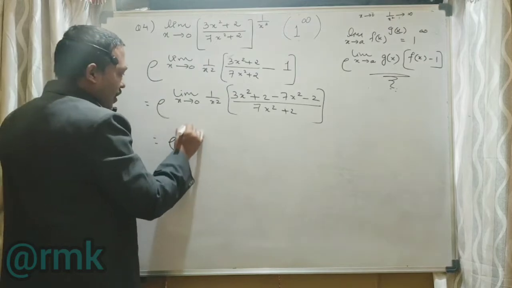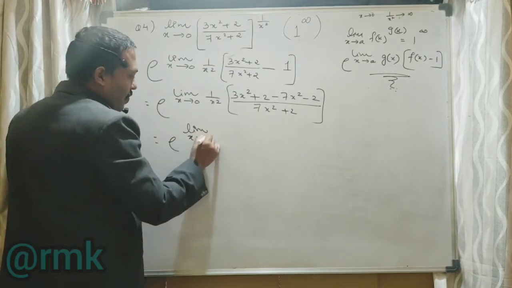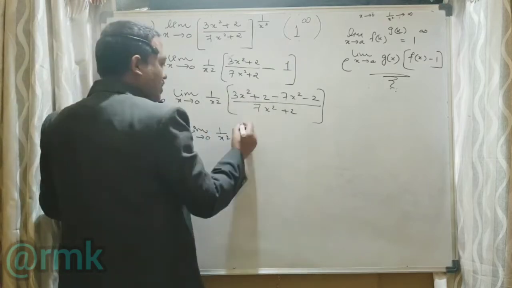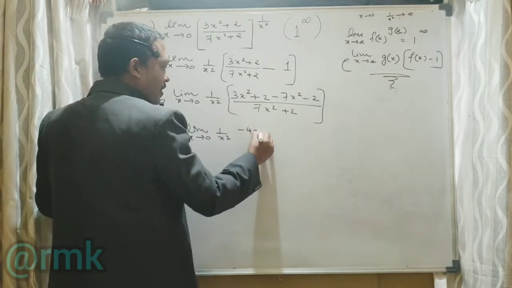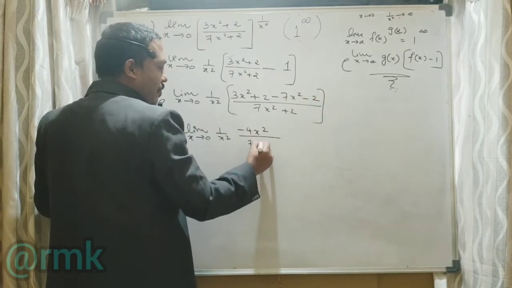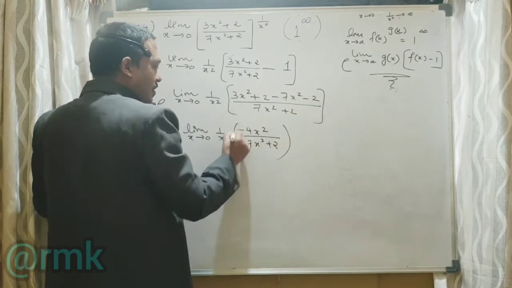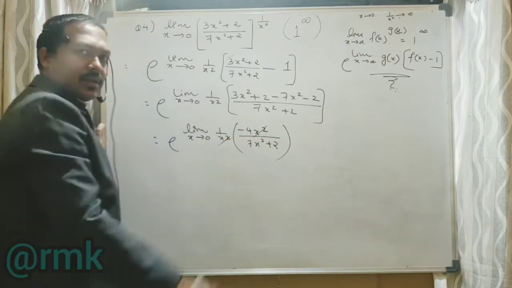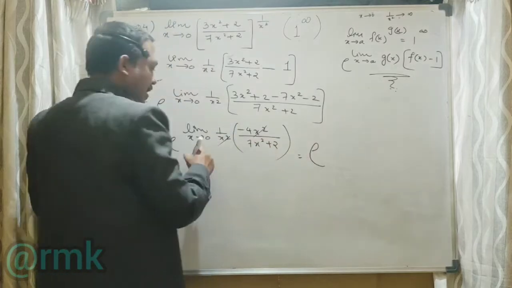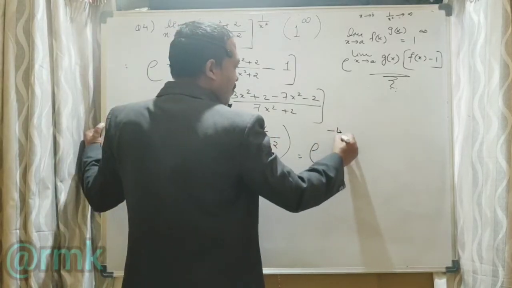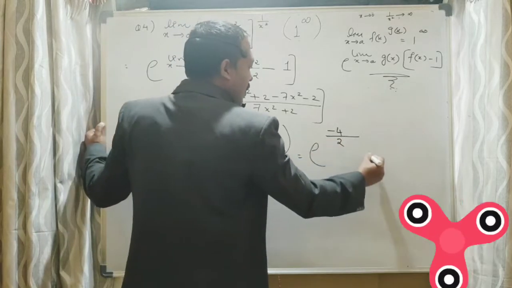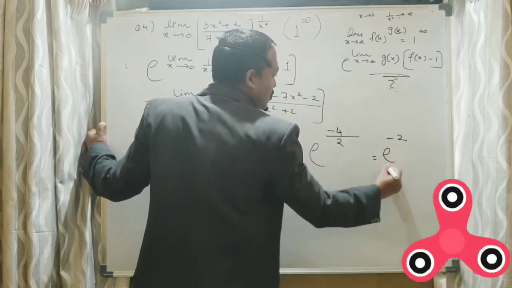E raised to limit x tends to 0, 1 by x square into 3x square minus 7x square is minus 4x square, plus 2 and minus 2 get cancelled, 7x square plus 2. This x square and this x square simply get cancelled. So e raised to, applying limit, it is minus 4 divided by 7 into 0 is 0 plus 2, is e raised to minus 2.